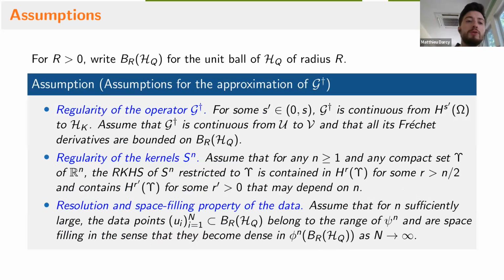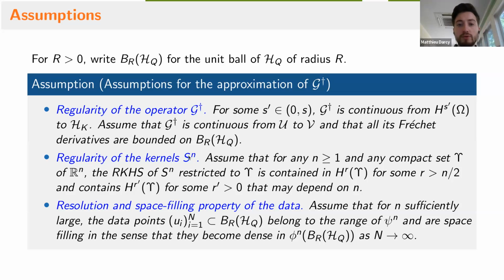There's a second set of assumptions, which are for the approximation of G dagger. This is the left to right part of the diagram. These assumptions are more specific to this problem, and they essentially amount to some regularity on the operator G dagger. We need it to be Fréchet differentiable, and we need its Fréchet derivatives to be bounded.